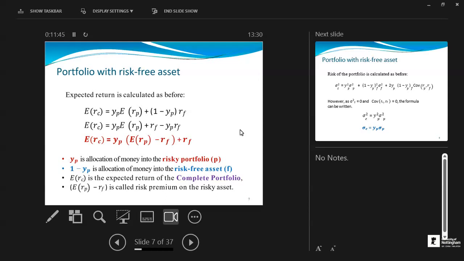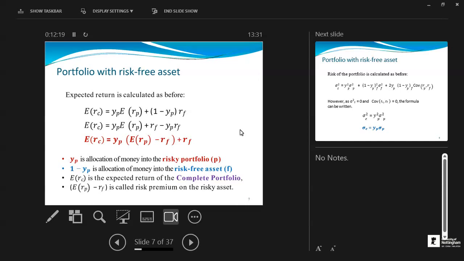Can you think of any other equation this resembles? The CAPM, right? This looks similar to CAPM. So when you combine a risk-free asset and a risky portfolio, you have a formula of expected return that looks like CAPM.